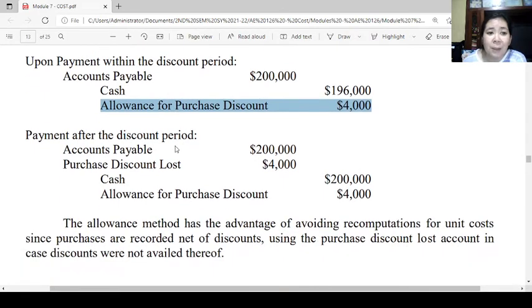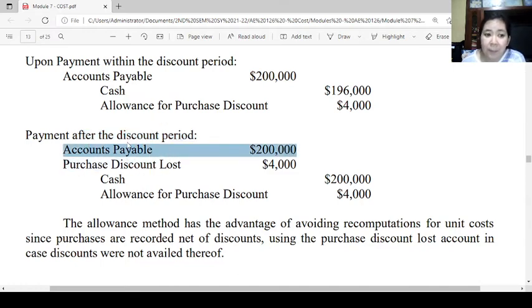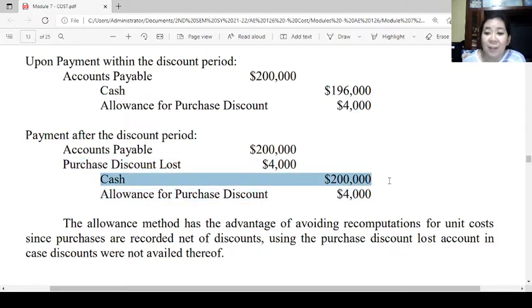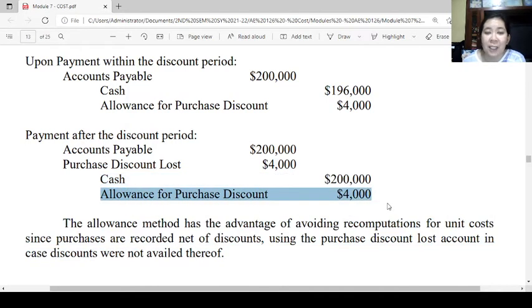But if the entity will pay after the discount period, meaning in this case, they will no longer be availing of the discount, the entry will be to debit accounts payable, and we will use purchase discount lost. This is the amount of discount that was not taken by the entity. Cash is for the full payment of 200,000 without the discount, and we will close allowance for purchase discount. In this case, the unavailed discount is considered to be a loss.